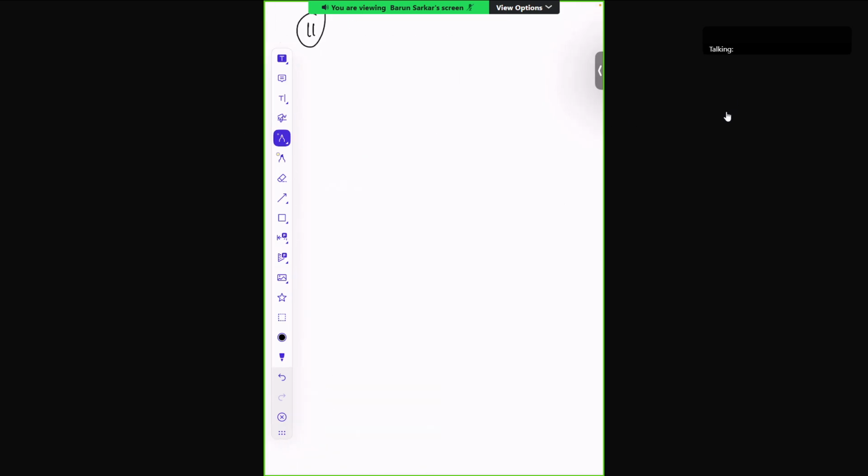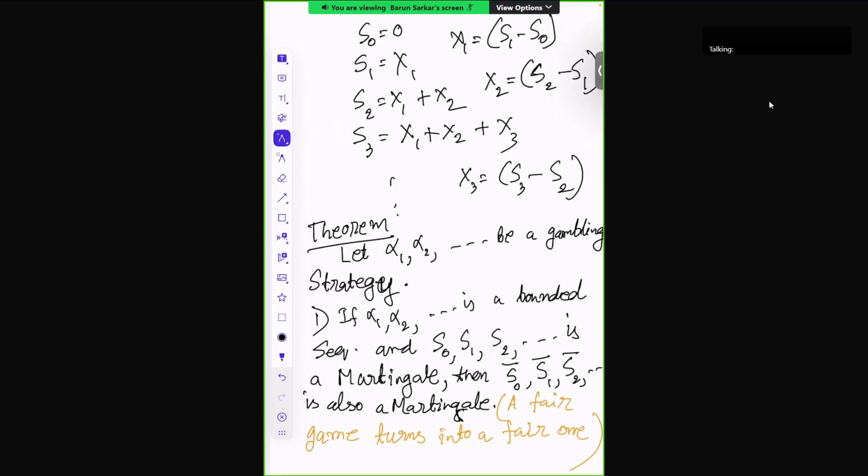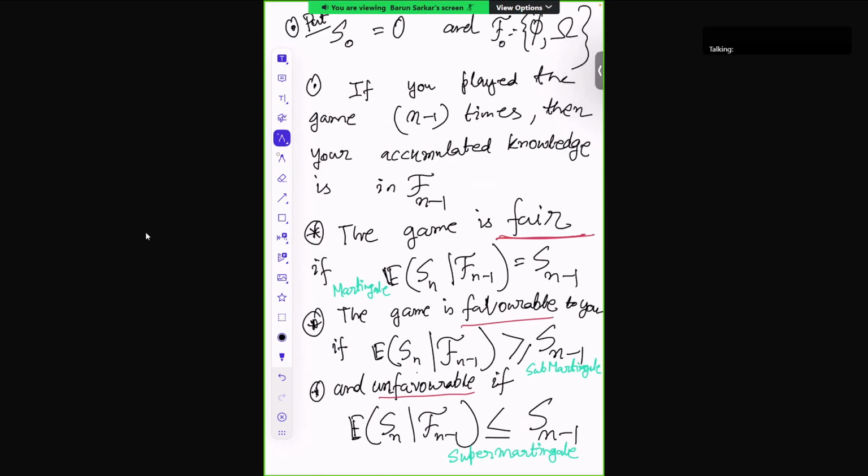Now the second proof. What does it say? Supermartingale. Supermartingale means this one, the last one.